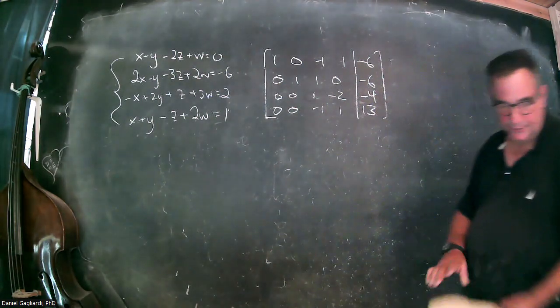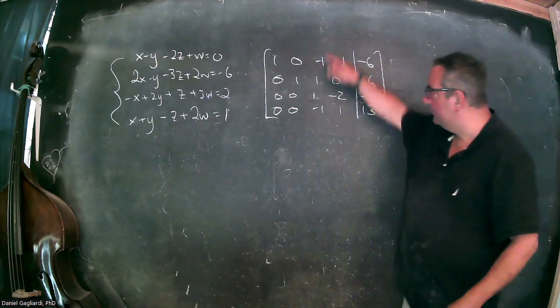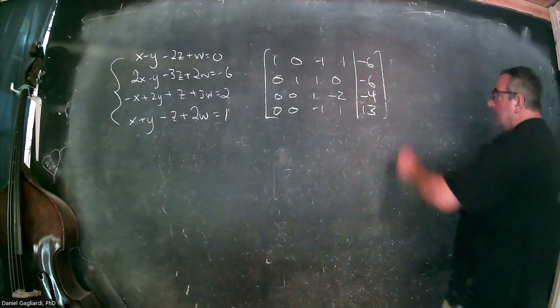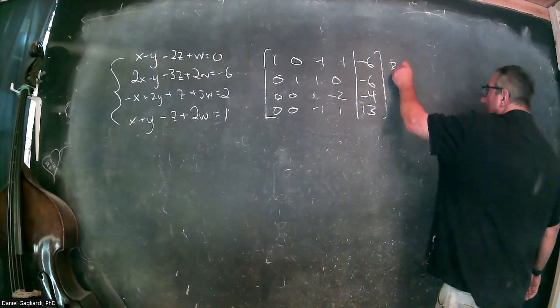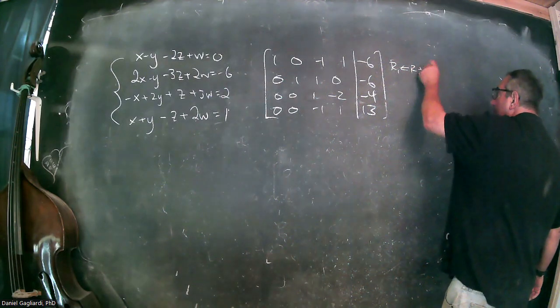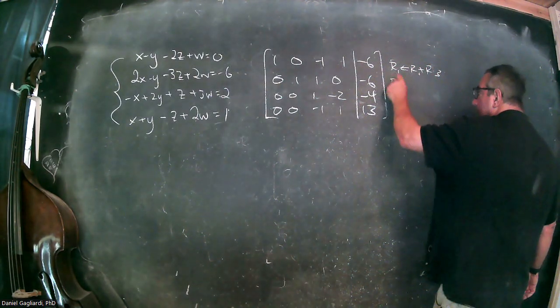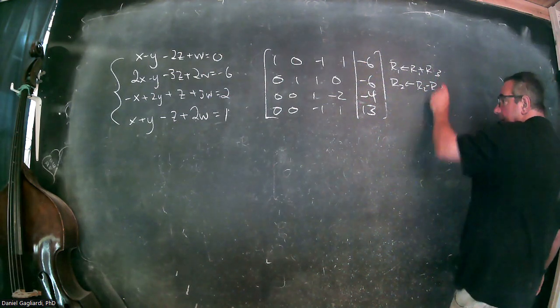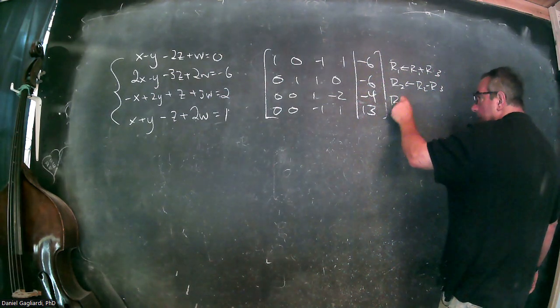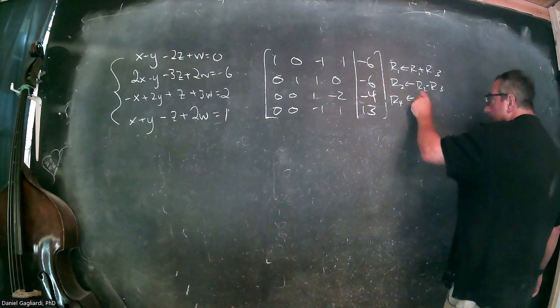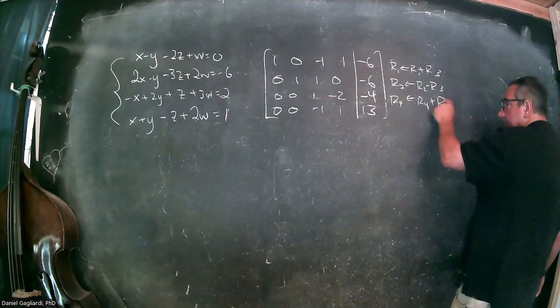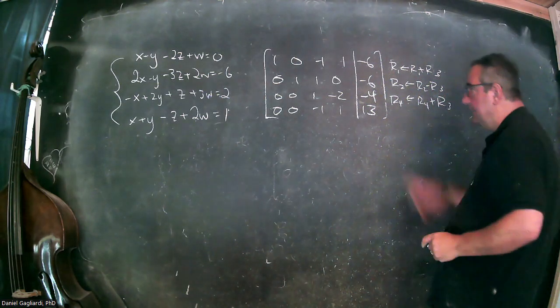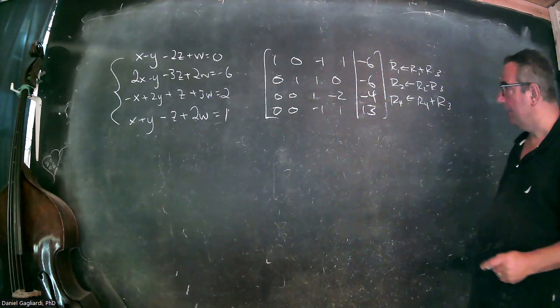To get zeros elsewhere in this column, I'll replace row 1 with row 1 plus row 3. I'll replace row 2 with row 2 minus row 3. And I'll replace row 4 with row 4 plus row 3. And that'll give me zeros elsewhere in the column.